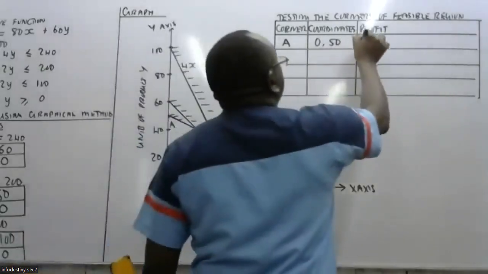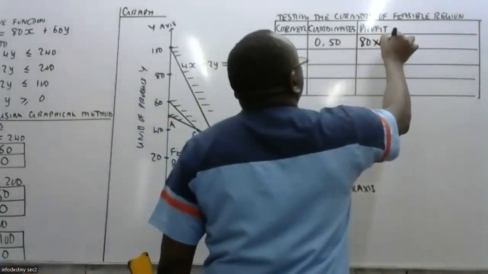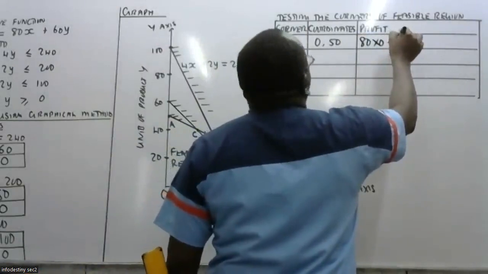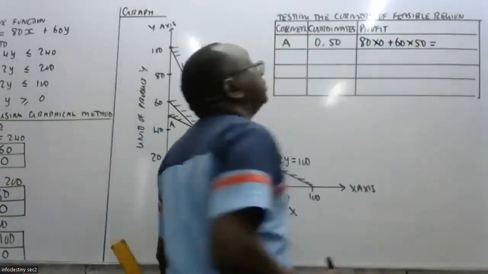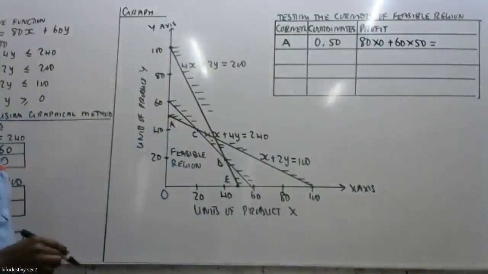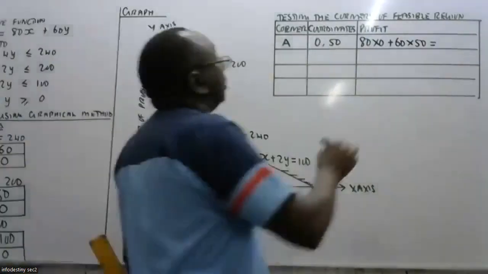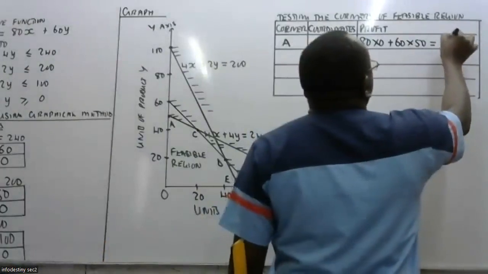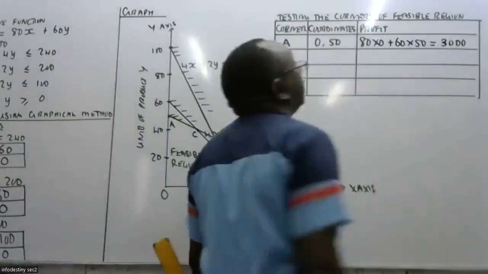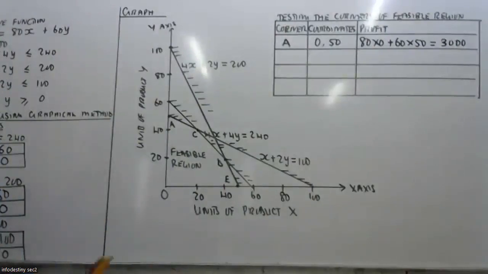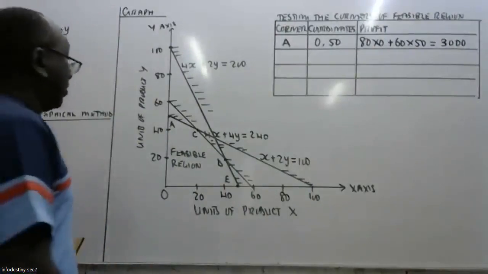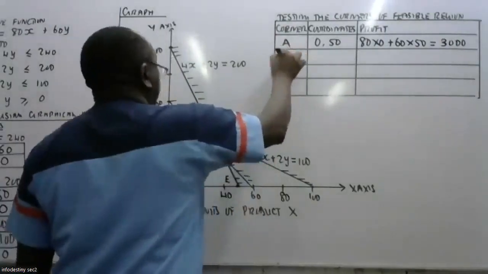So it will be 80 times 0 plus 60 times 50. Yes, 3,000 thousand.